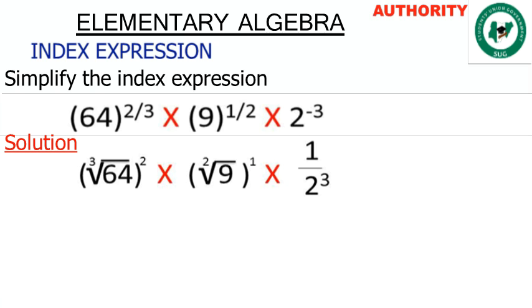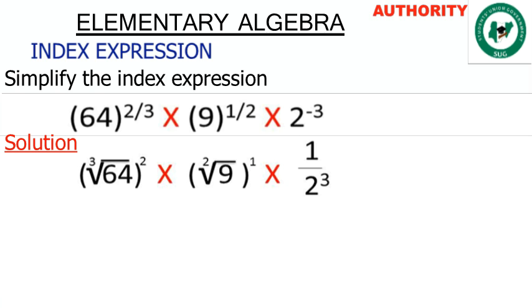Yes, let's go. The cube root of 64 is asking you, what is a number that will multiply itself 3 times and give you 64? Let's use 2. 2 times 2 times 2, 8. Let's go with 3. 3 times 3, 9, times 3, 27.